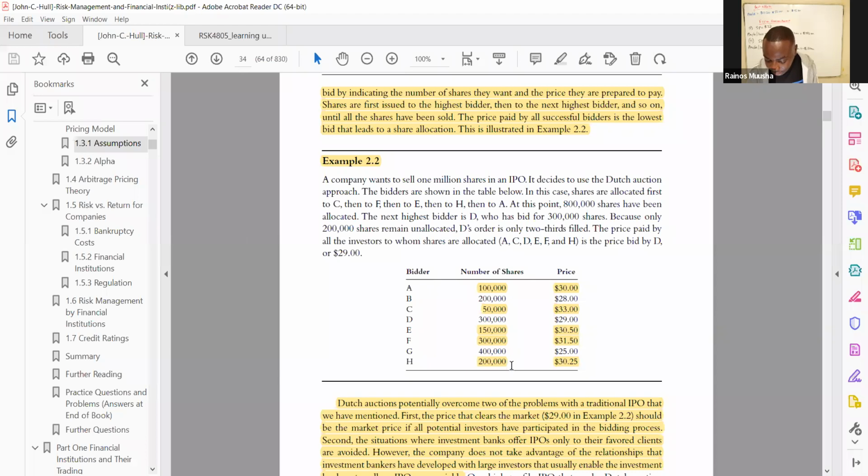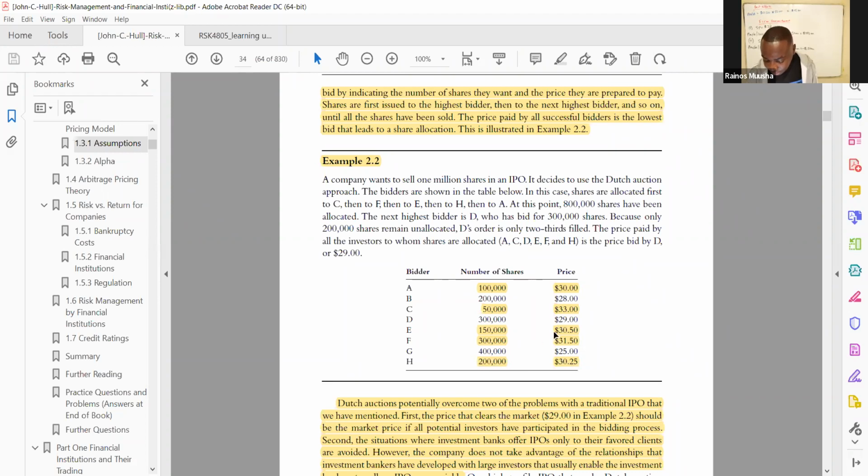The next highest bid after that is H with a bid price of $30.25. So from 500,000 shares, the number of shares issued now is going to increase by 200,000 shares to 700,000 shares.